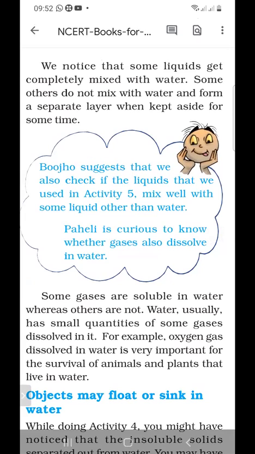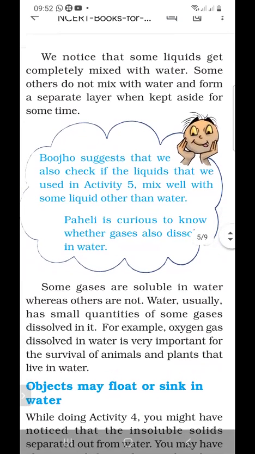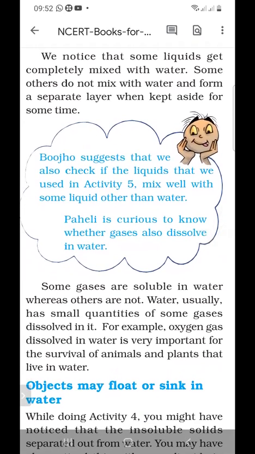For example, lemon juice mixes with the water, so it is a miscible liquid. And oil does not mix in the water, so it is called an immiscible liquid.